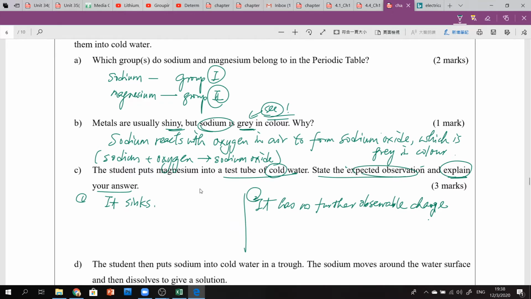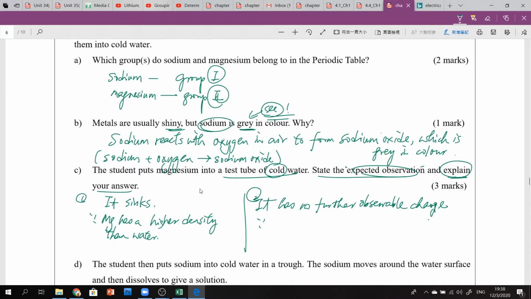Explain the answers. Why? It is a matter of density. Magnesium has a higher density than water, so it sinks. And why is there no further chemical change?